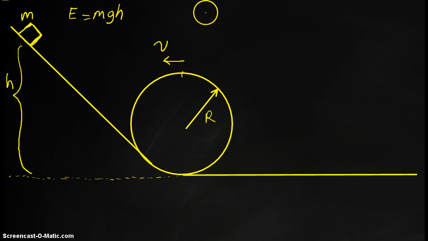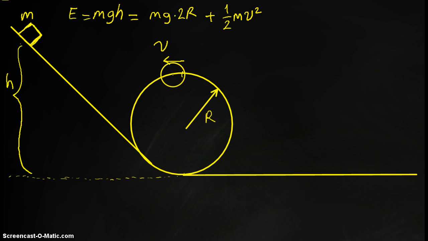The energy mgh will be equal to mg times 2r, which is the potential energy of the object at this point, plus 1/2 mv squared, which is the kinetic energy of the object at the top of the track.